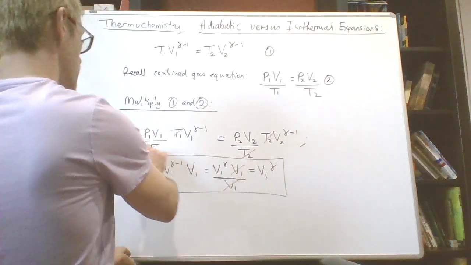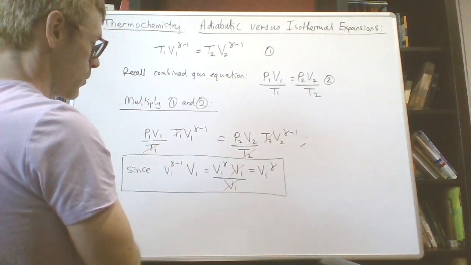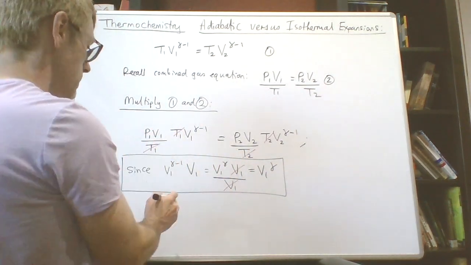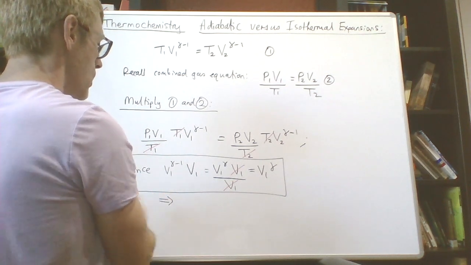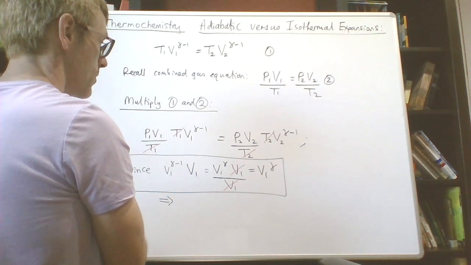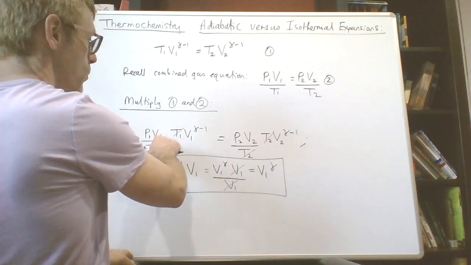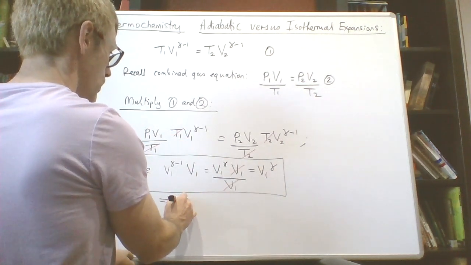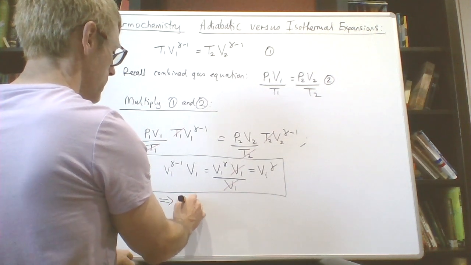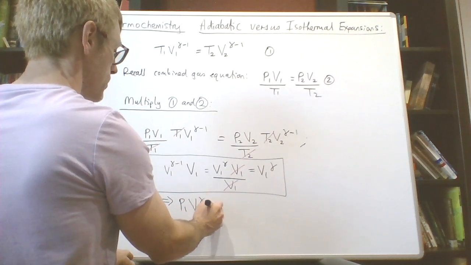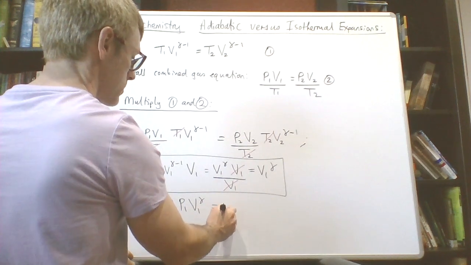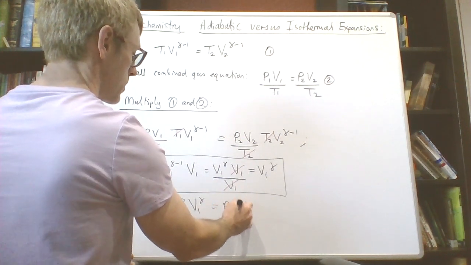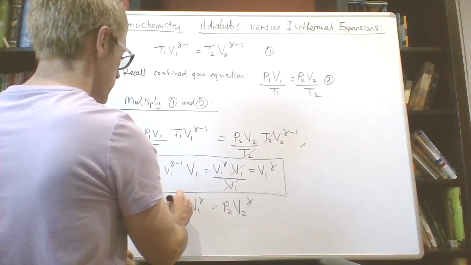So we're left with P1 V1 gamma. We do the same on the other side: P2 V2 gamma.